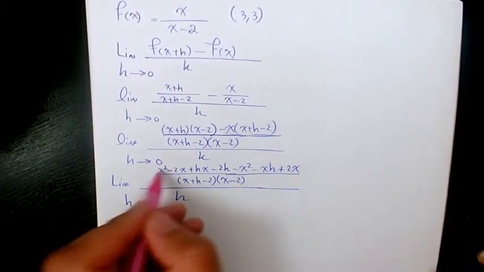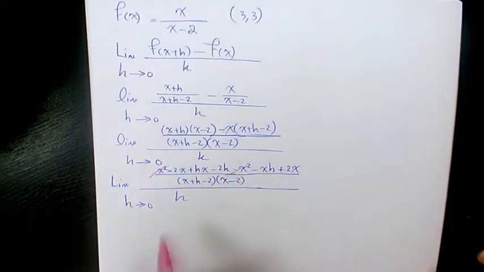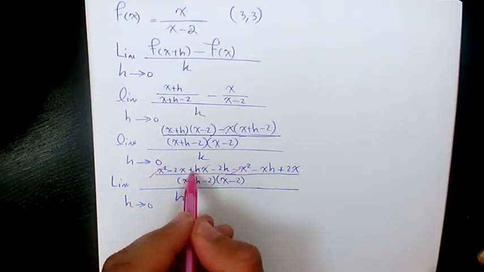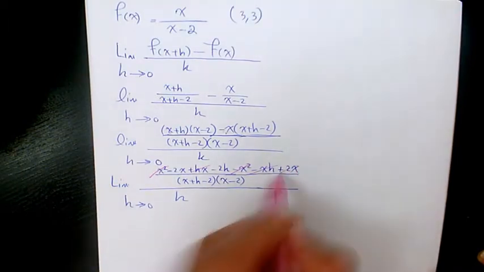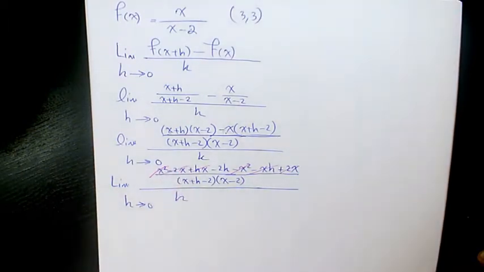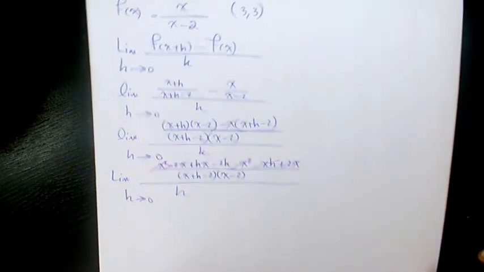Then we simplify. x squared and negative x squared cancel out. hx and negative hx cancel out. 2x and negative 2x cancel out.